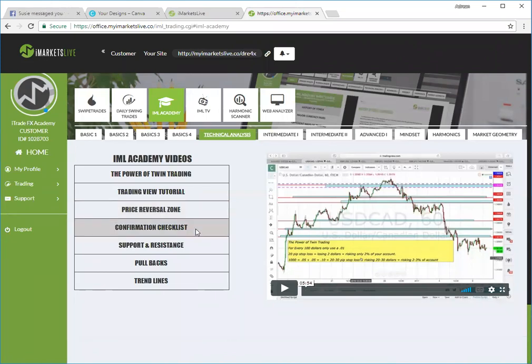All right. Confirmation checklist, another important thing, because you don't just, I will say this. As a new trader, you will learn that you don't just jump into the market. There's no such thing as, oh, the market's going up, so I'm going to buy right now. No, there is a process and procedure that you have to go through before you enter into this market.